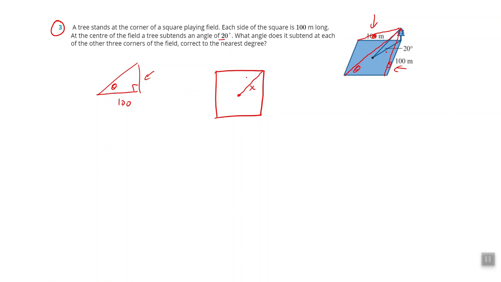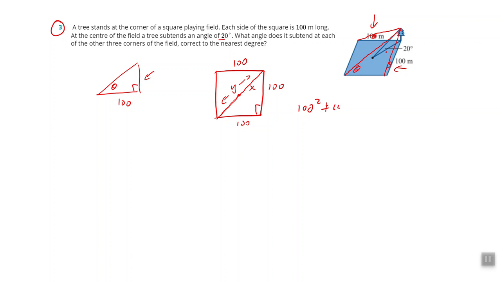Okay. So we know that this is 100. This is 100. If I figure out the whole hypotenuse, I'll call that whole hypotenuse y. Then I know that 100 squared plus 100 squared equals y squared, because this is a right angle.